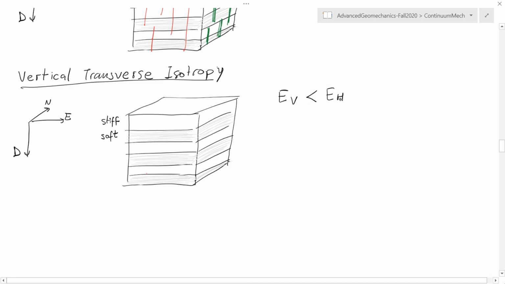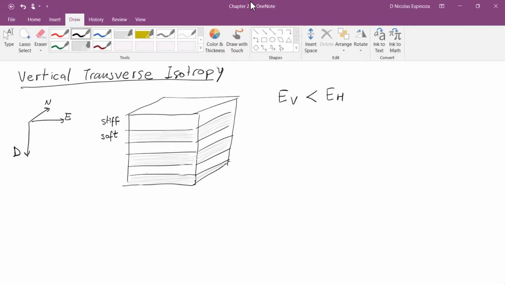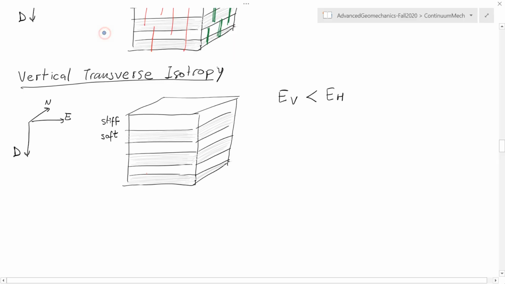This model is also sometimes called axis symmetric, because if I put an axis over here, which by analogy would be the third axis, the material looks the same around this axis.